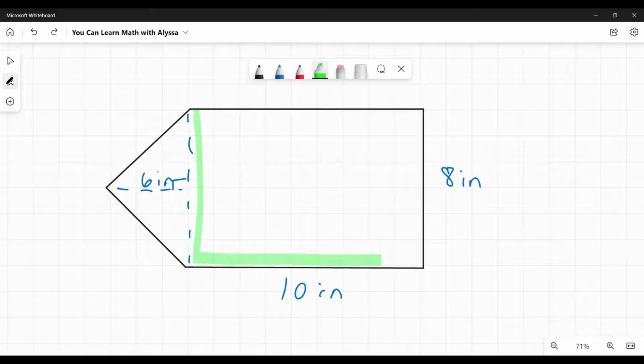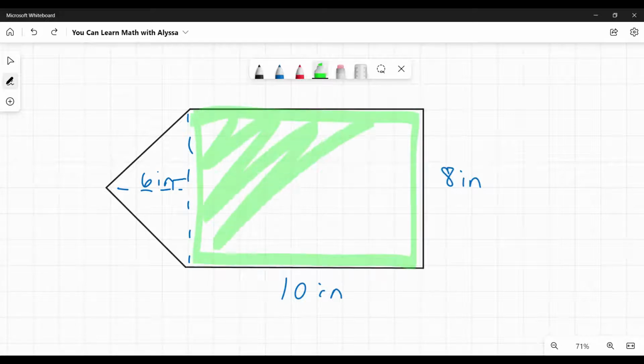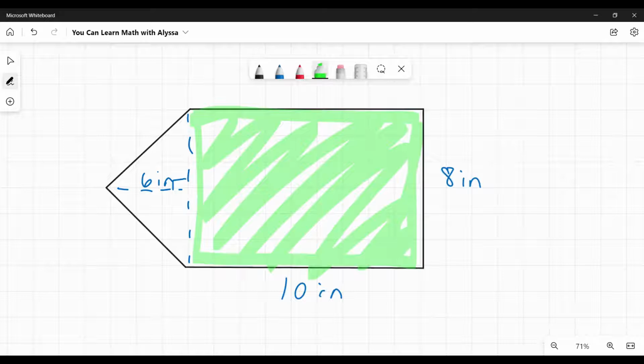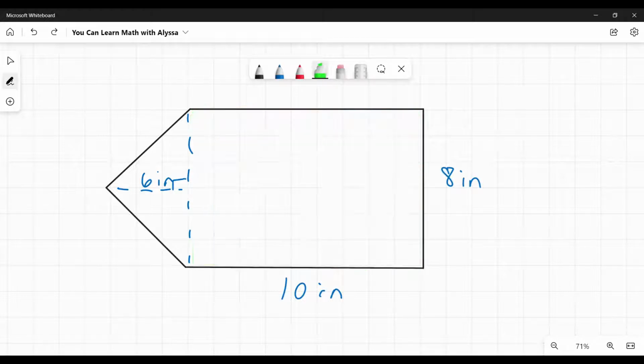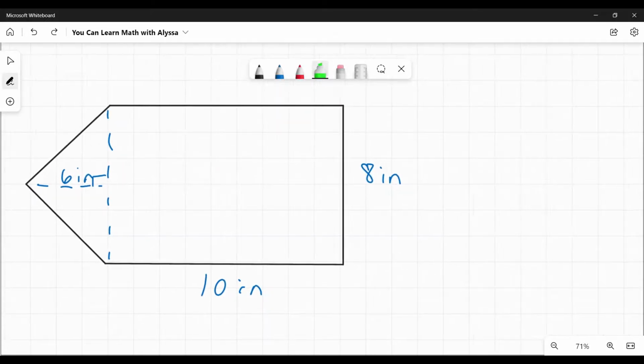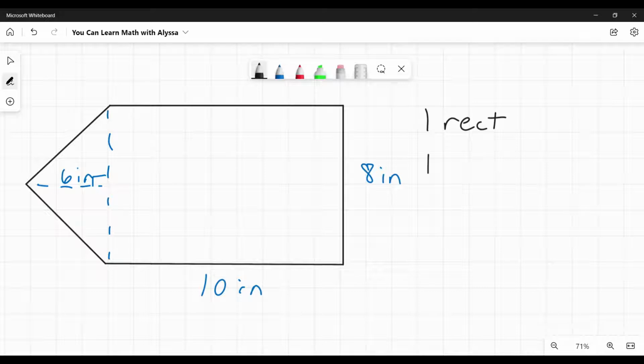If you find yourself forgetting steps or forgetting shapes, just write them down. There's no shame in that. So this one we have one rectangle and one triangle. I'm just going to use my own little internal abbreviations: one rect and one tri.